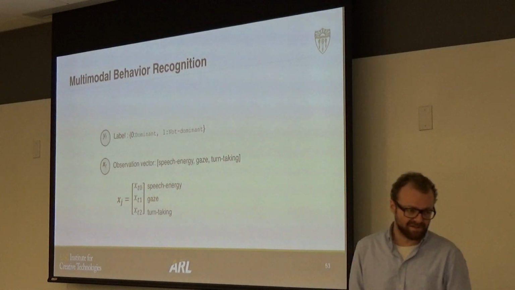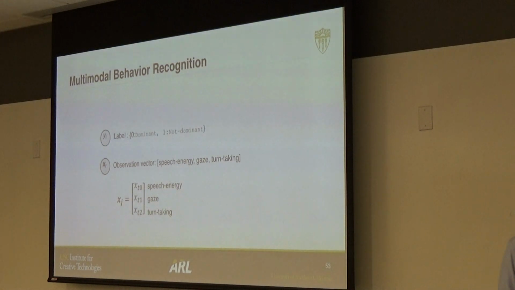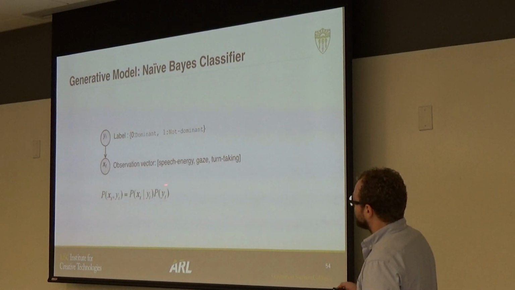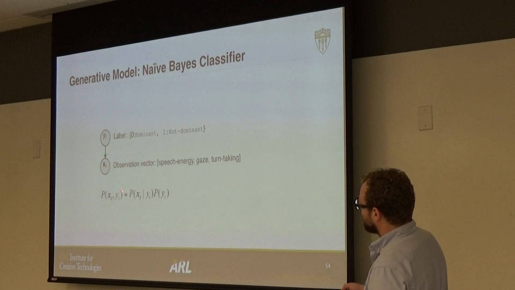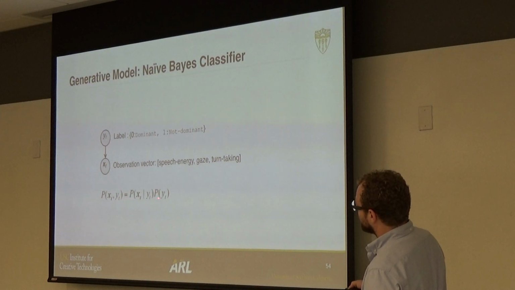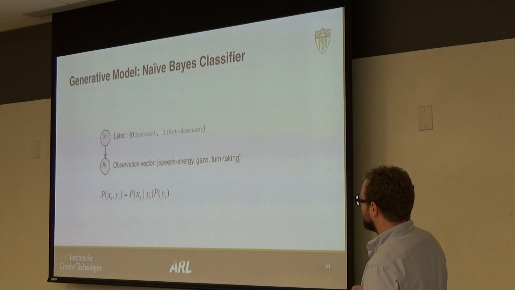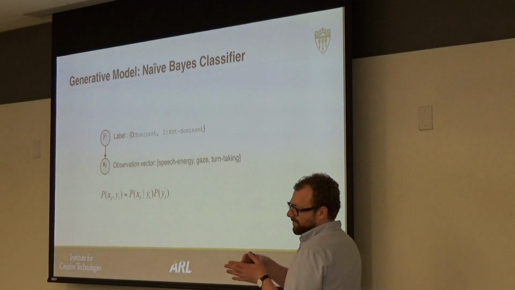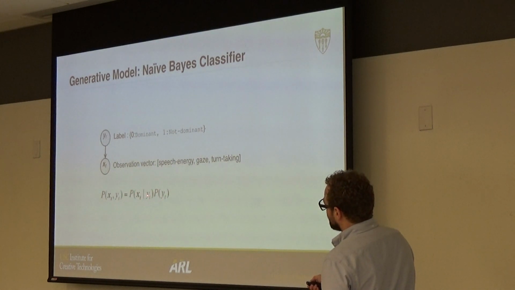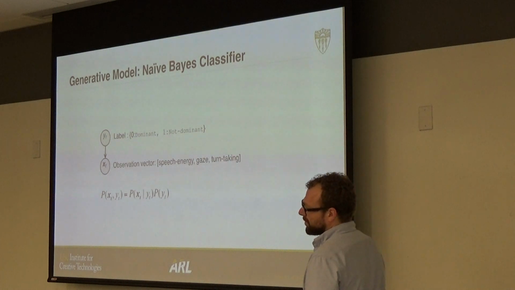And in generative models, we basically want to know the joint probability of X and Y together by multiplying the prior and the likelihood. The prior is always the same in our data, so we can assess that from our data set. And the likelihood is, given a label, what is the likelihood of observing this?